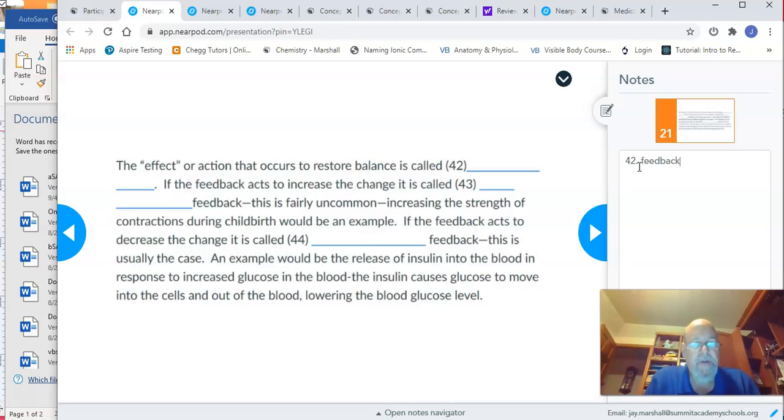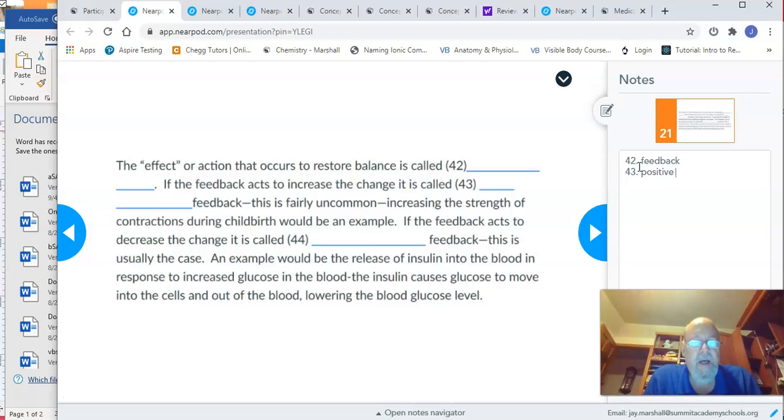Okay? If the feedback acts to increase the change, it's called positive feedback. And this is extremely uncommon because we don't usually want to cause a change or an imbalance to get worse, do we? Excuse me. We want it to go back to the normal.